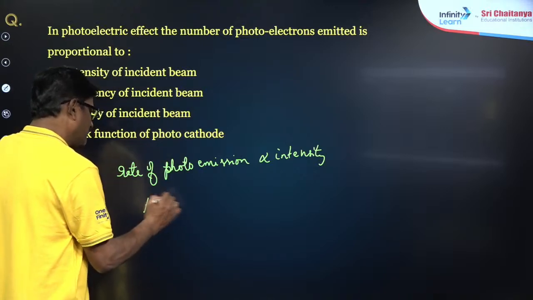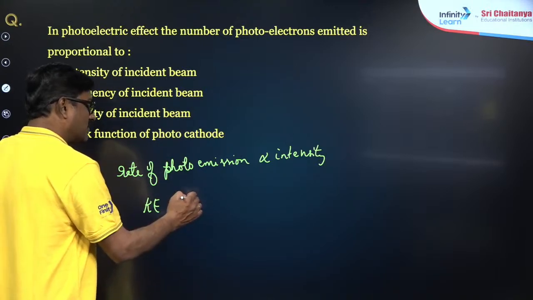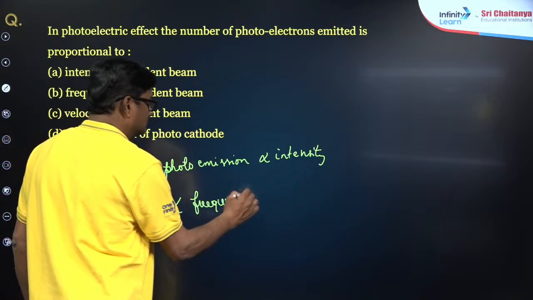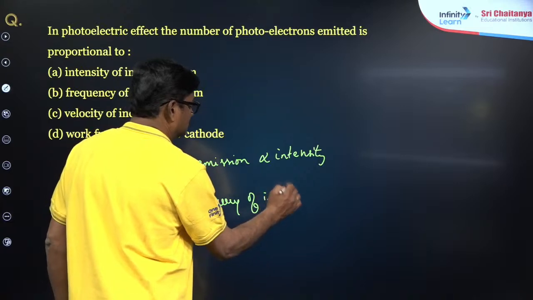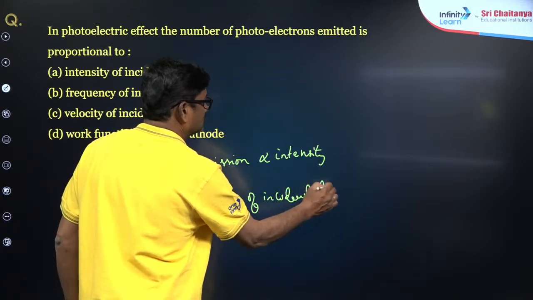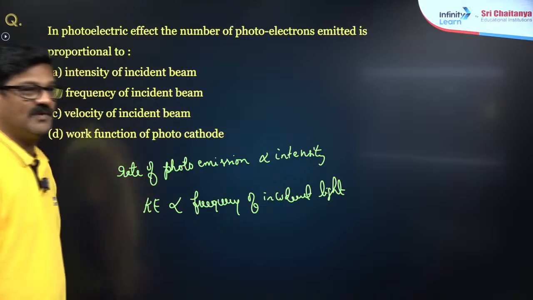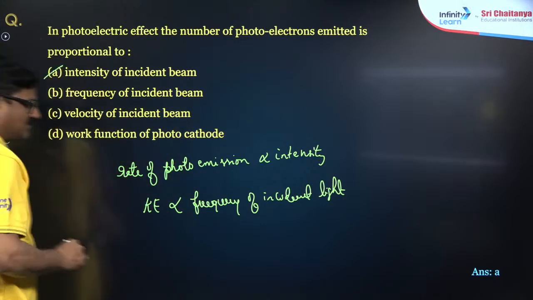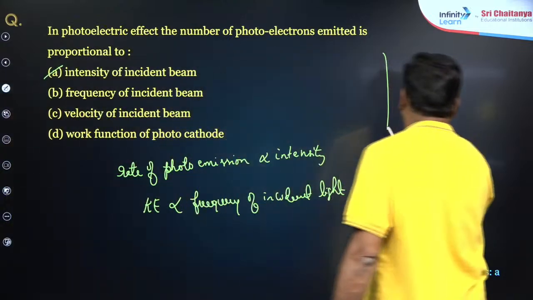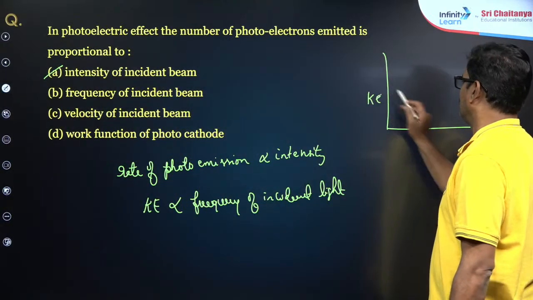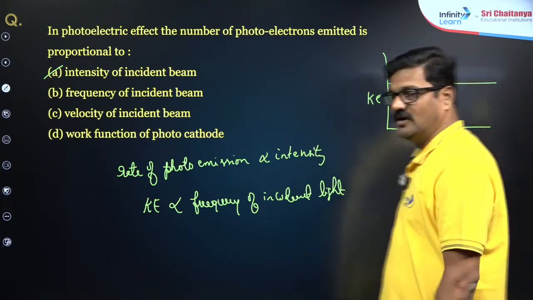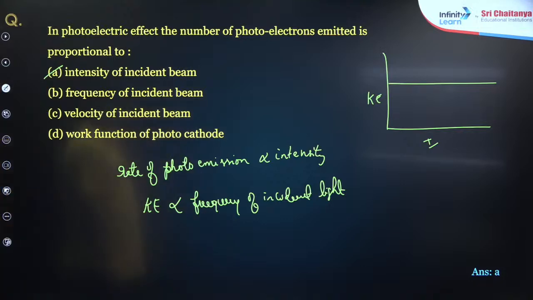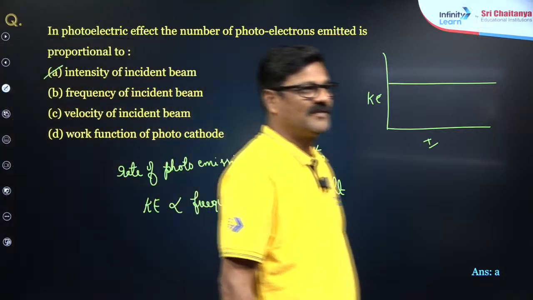Kinetic energy is directly proportional to the frequency of incident light. So these are the 2 points you need to know, and that's the reason why the intensity and the kinetic energy are going to be independent. Ayush Raj, hi. Very good. Clear.